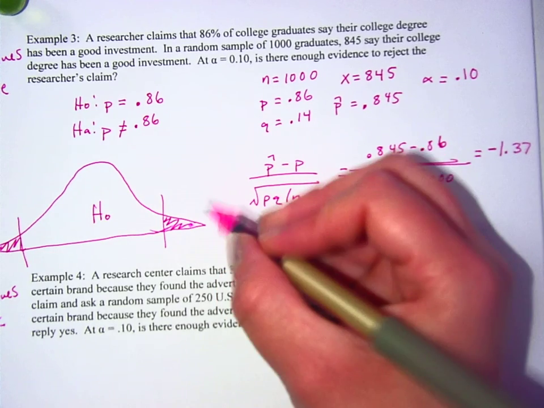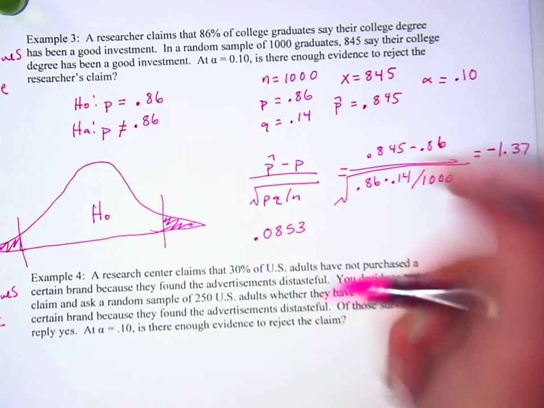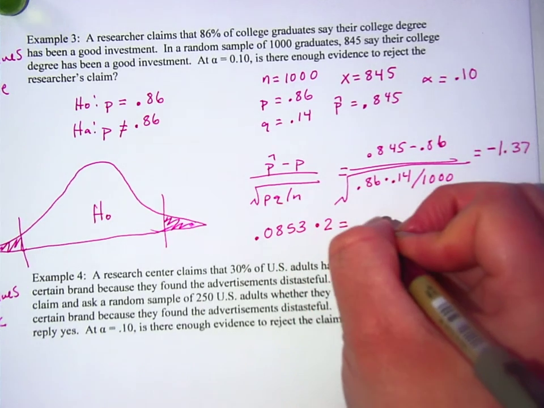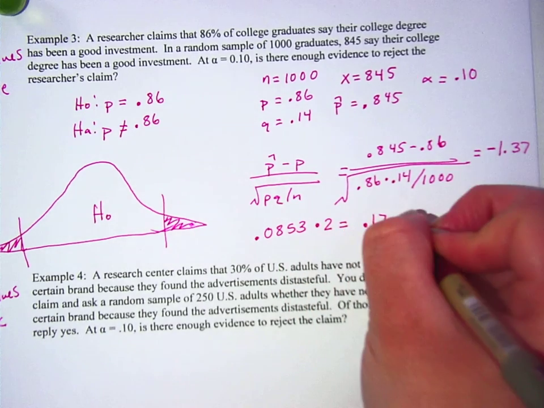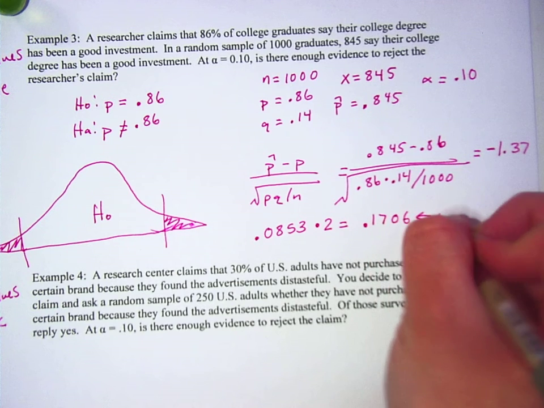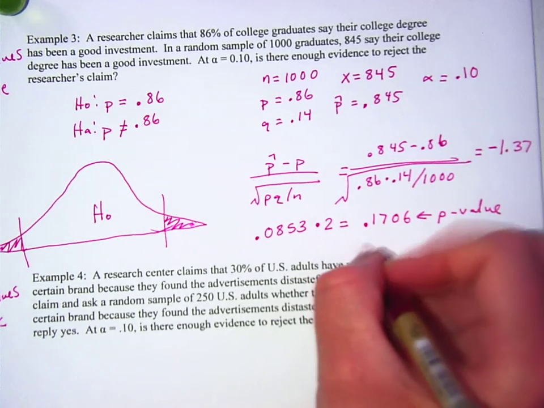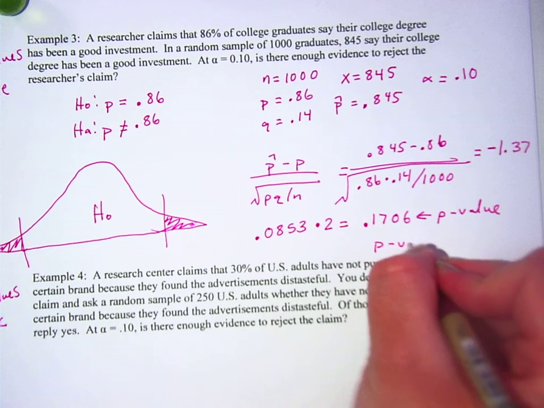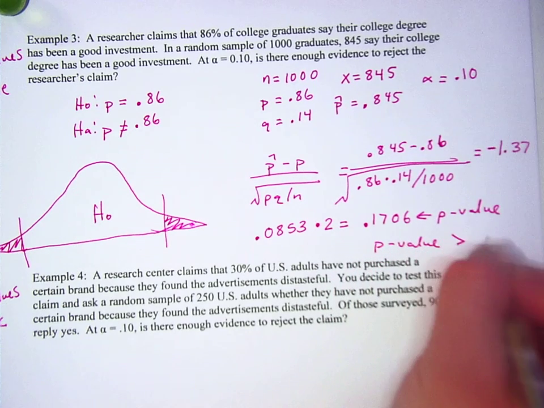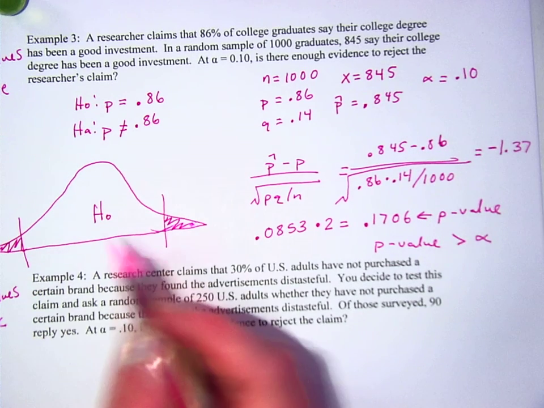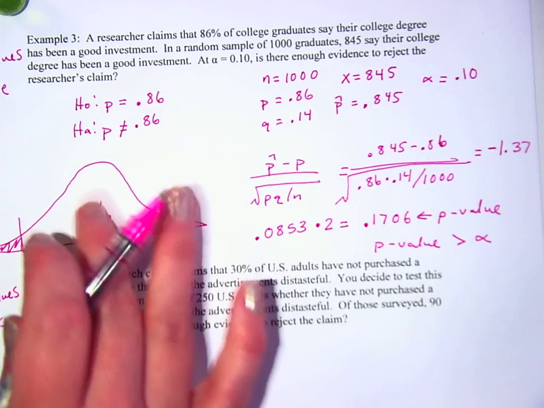0.0853 is how much is just in one of the tails. But if you remember from that p-value lesson, you've got to multiply a two-tailed one by 2, which gives us a p-value of 0.1706. That's the p-value. And I'm not just going to call it p because we've already got a p in the problem. So that means that our p-value is greater than alpha. And since that's the case, it's not in the rejection regions, it's in the null.